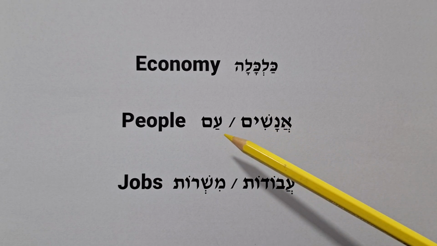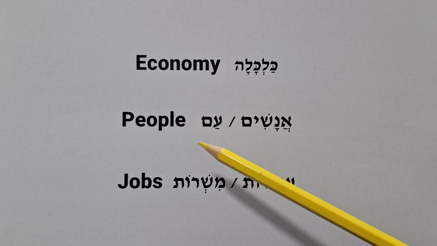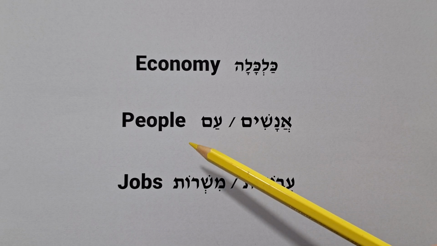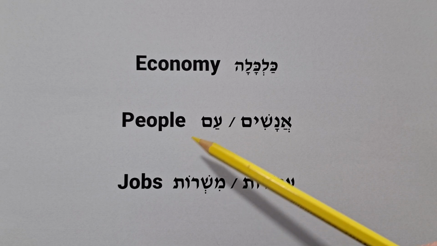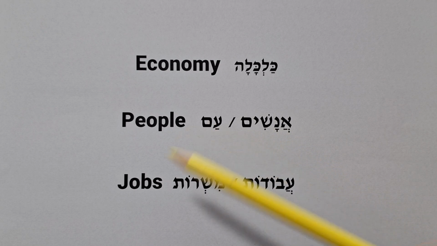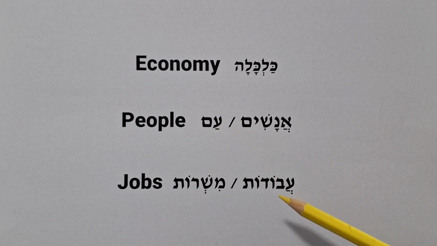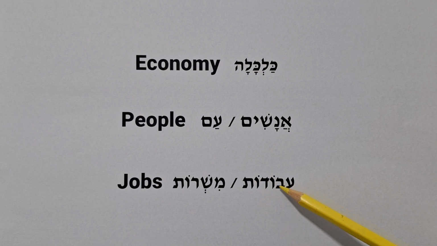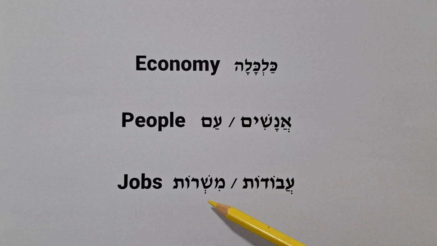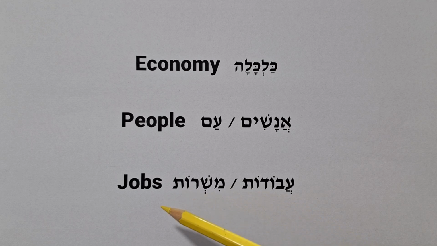Or if you're talking about the nation, about the group, so the American people, anashim or. Jobs, avodot, from the shoresh, ein bet daled, avodot, or misrot, avodot, misrot, that's jobs.